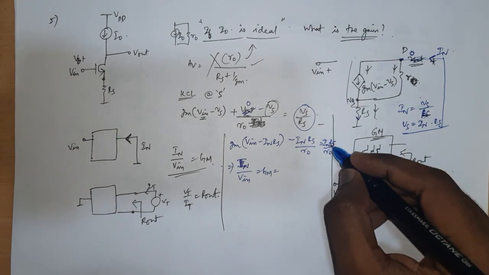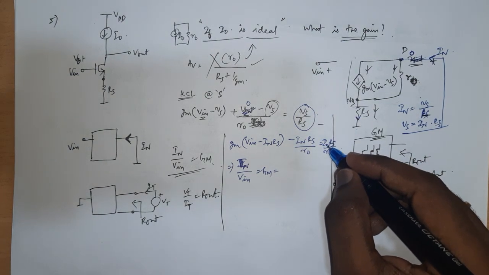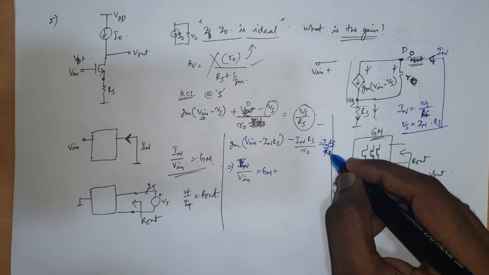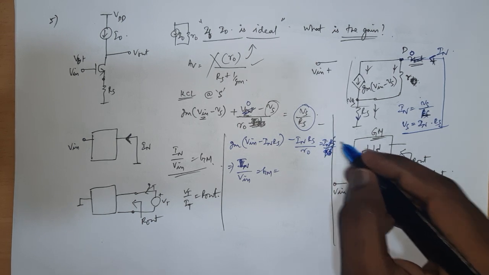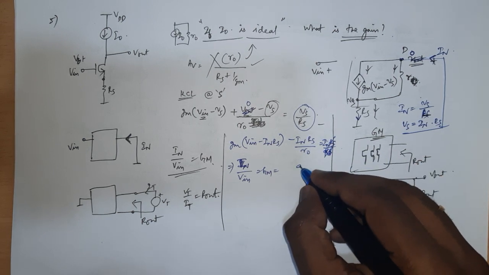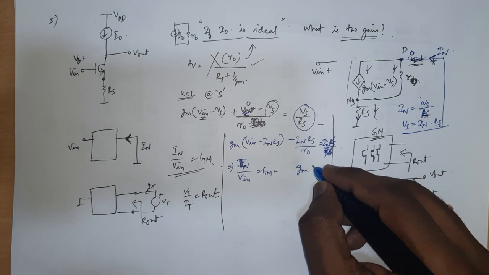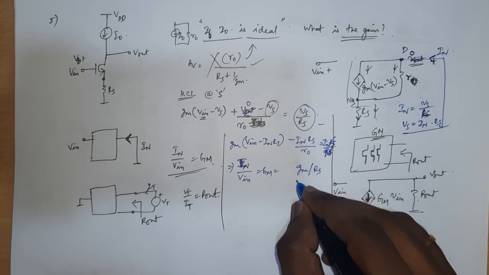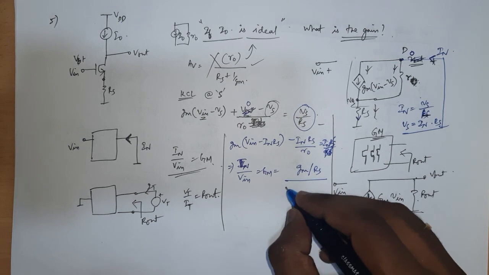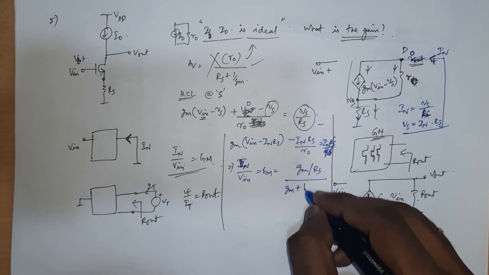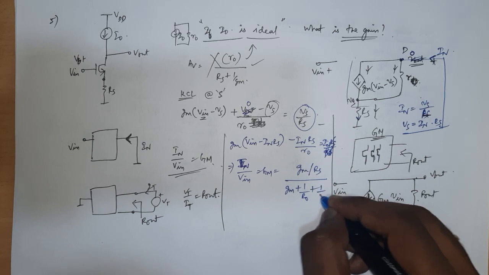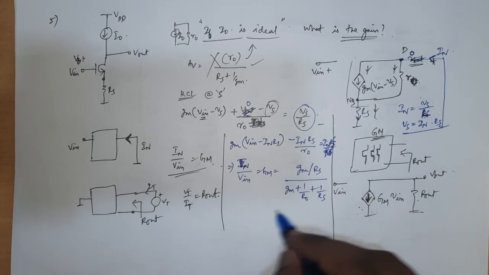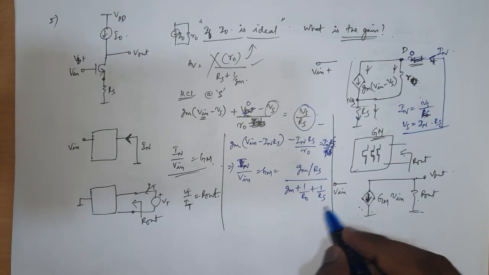Vs by Rs, I wrote it as In Rs by Rs, not R0, so they will cancel out, it's just In. We get an expression of Gm by Rs divided by Gm plus 1 over R0 plus 1 over Rs. You can verify it, this will be the expression that you will get.